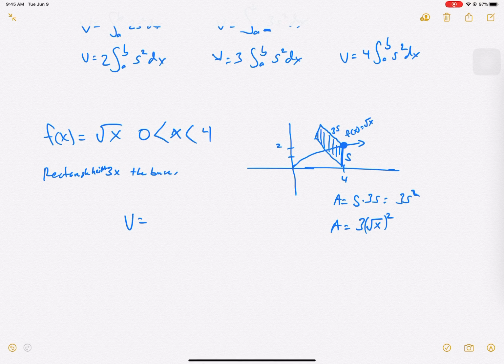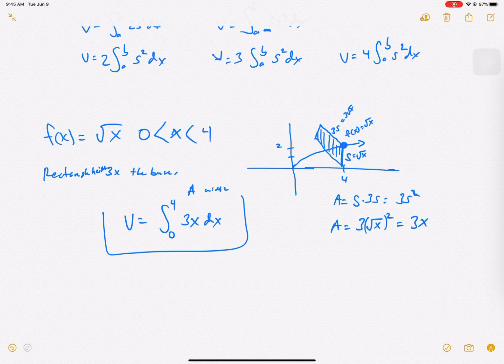Because s is really just square root of x, it would still be multiplying square root of x and square root of x. And this still leads us to 3x. And that's our area. Our volume equation is from A to B, from 0 to 4, of my area times a little bit of width. My area we said was 3x. My little bit of width was dx. That's it. That's how we set it up.